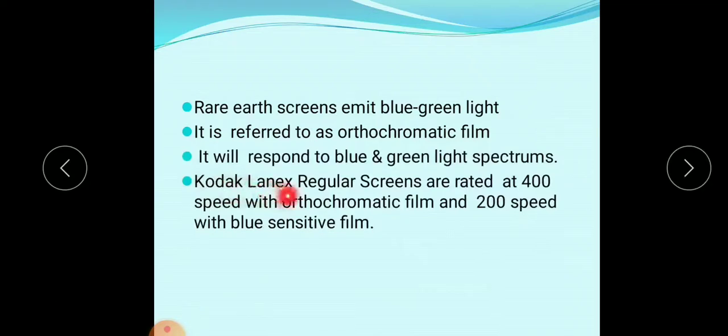Kodak Lanex regular screens are rated at 400 speed with orthochromatic film and 200 speed with blue sensitive film.